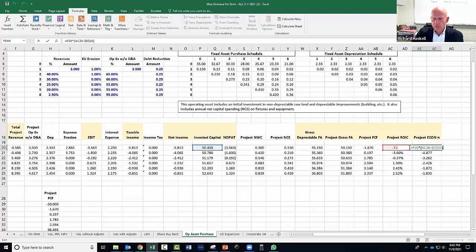And so that's our invested capital, which is nothing but fixed asset plus net working capital for this project. So we're using the ops approach, and we're going to multiply that by the project ROIC, which we just found at negative 7.06, so that's ugly, minus the cost of capital for the project, which is our borrowing, and it comes up with a negative economic profit, which doesn't surprise us at all.